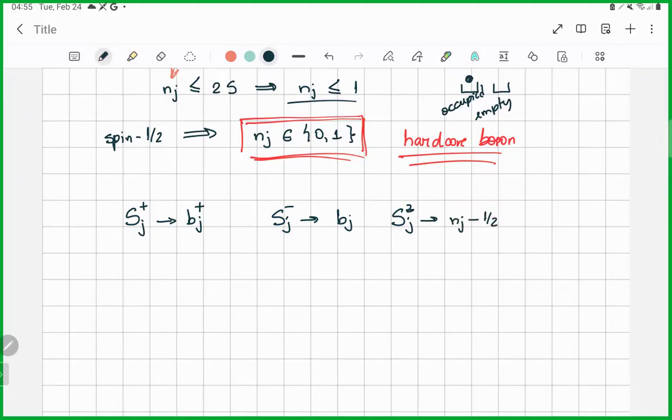Okay, so coming back to the case of the XXZ model in one dimension, as we were writing before, with this transformation, we can then write this Hamiltonian in terms of bosons, but very special kind of bosons. They are hardcore bosons, so we can write it like this.